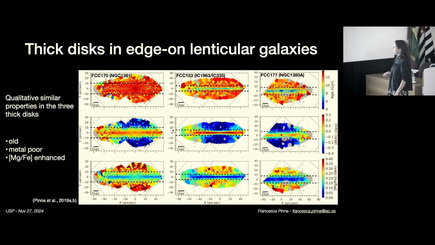We see blue colors for metallicity, which correspond to low metallicities, and we also have an alpha enhancement in the thick disks, with yellow, orange, and red colors. Basically these three thick disks follow the pattern that we expected, the traditional idea about thick disks: an old, metal-poor, alpha-enhanced thick disk.